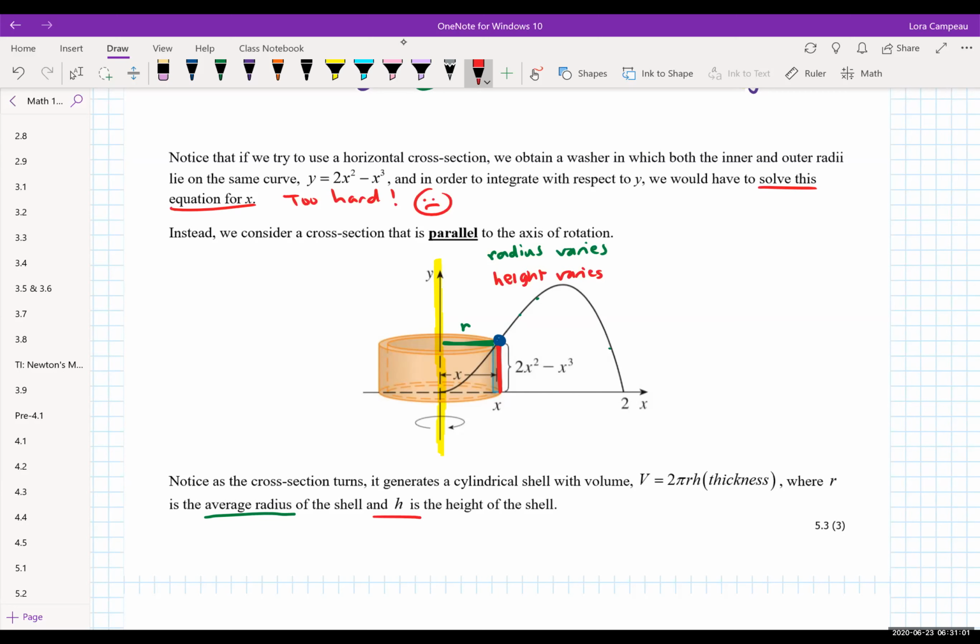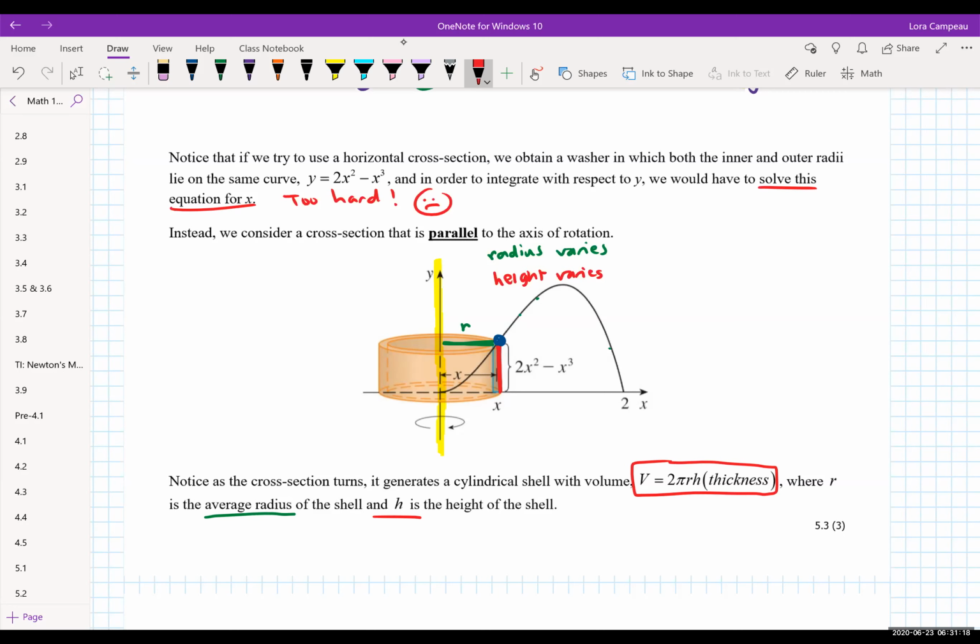Then if we want to find the volume of one of these shells, we're looking at this formula, which is somewhat similar to what we were looking at: 2 pi r h times the thickness.